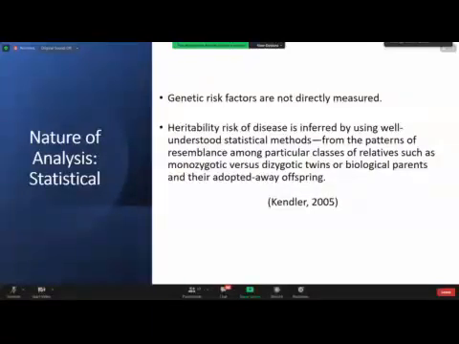So the genetic risks are not directly measured. तो ऐसा नहीं है कि आपको वो एक ही mutation मिल गई and then you looked on the patient, you looked on the offspring and identified the risk, like for example in the rare conditions. But here we have overall एक population को देखते हैं और उस पे फिर हम different statistical analysis करते हैं and then we come up with the conclusion of how much heritability it has. So of course genetics and statistics are quite important in this case as well.